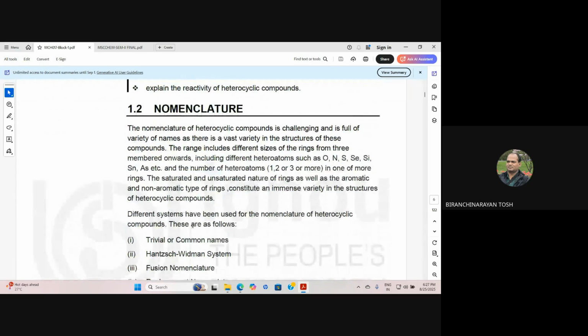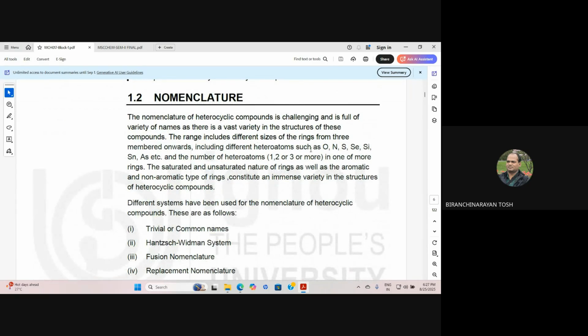So far as the nomenclature is concerned, as I told, we have heteroatoms like oxygen, nitrogen, sulfur, selenium, silicon, and tin also. And the number of heteroatoms also increases. It may be 1, 2, or 3. The ring size starts from 3. 3-membered ring including heteroatom, 4-membered ring, and if it is a 5-membered ring, 2 heteroatoms may be present.